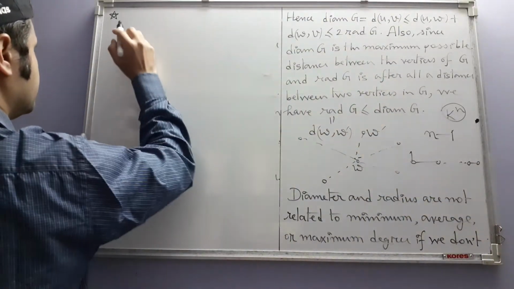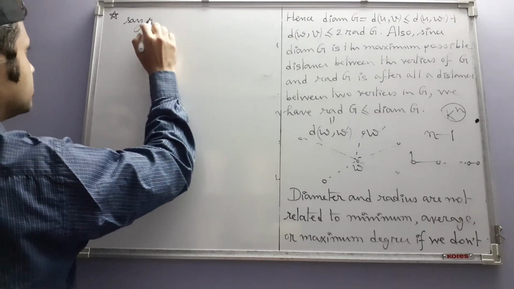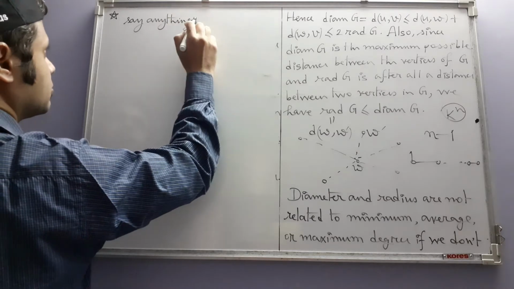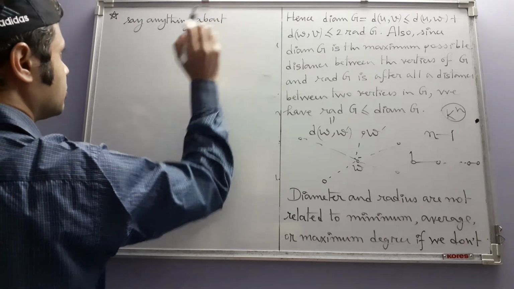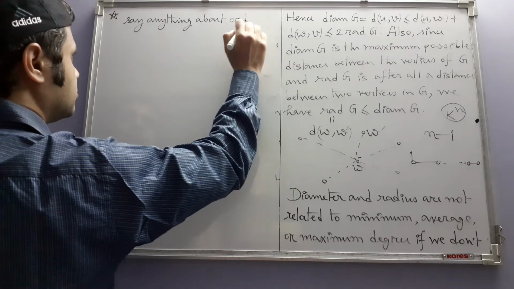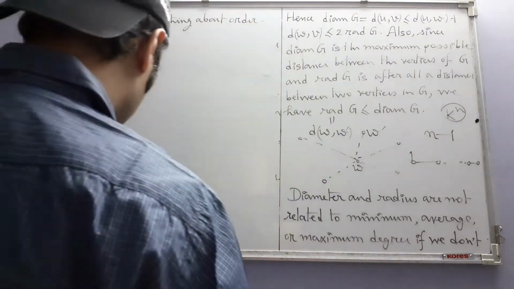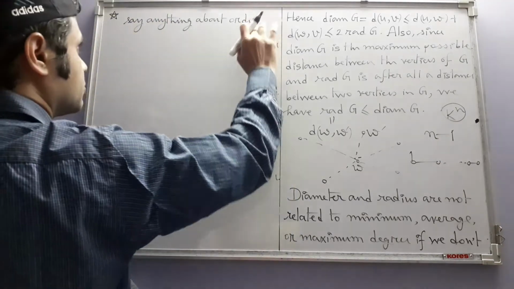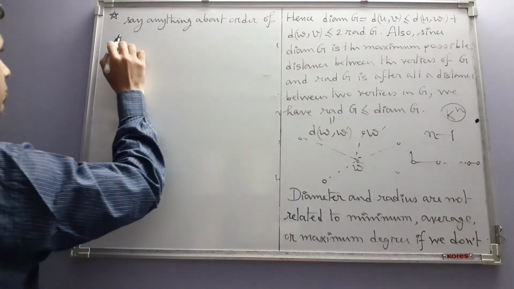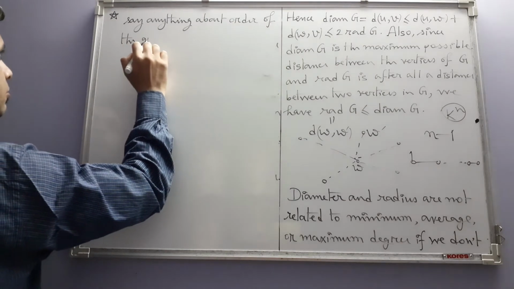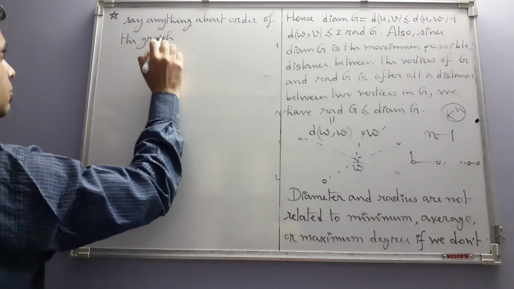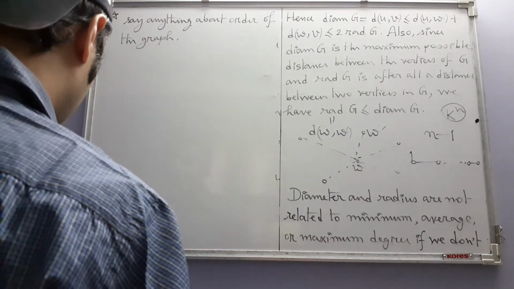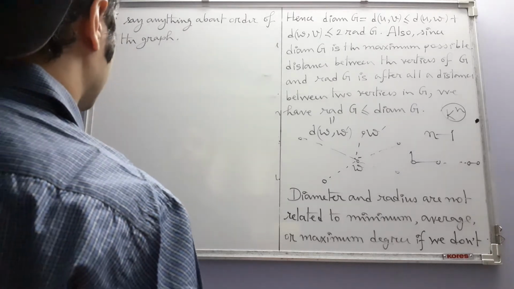If we don't say anything about order, order means order of the graph in question. However, graphs of large diameter and minimum degree are clearly large.